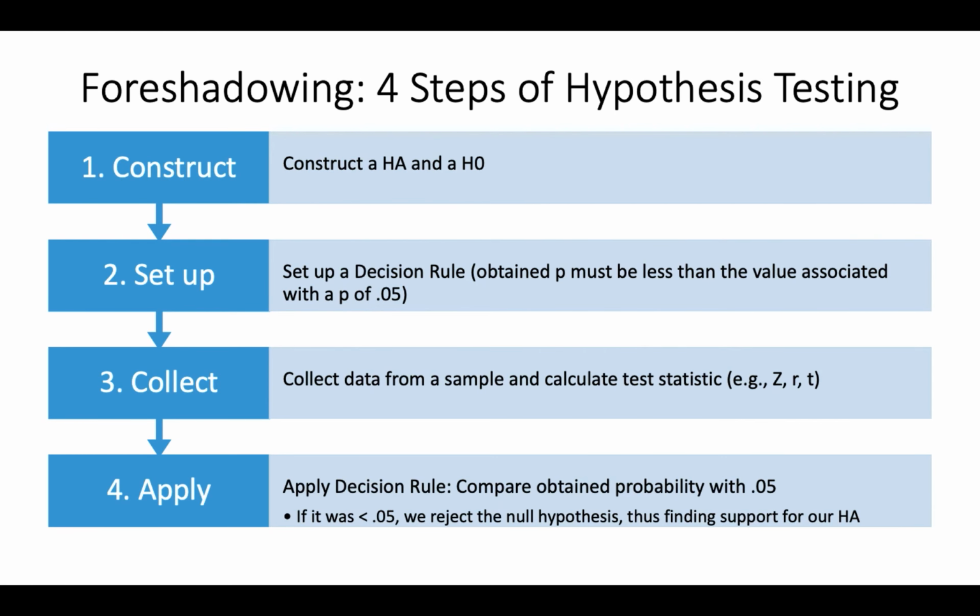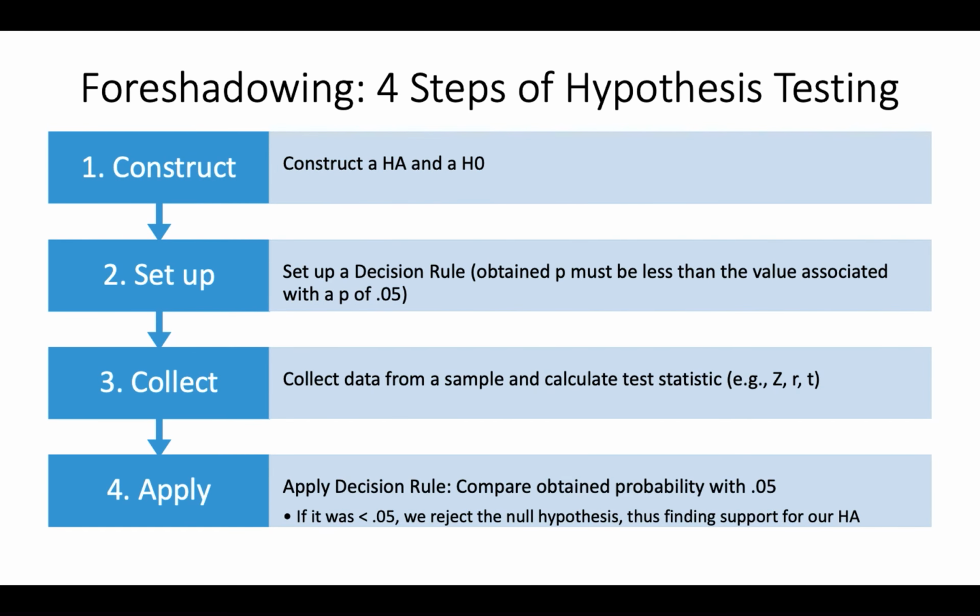We then collect our data from our sample and calculate our test statistic. Then we apply the decision rule that we set up in step 2. So we compare our obtained value with our critical value. And if it was less than 0.05, we reject the null hypothesis, thus finding support for our alternative hypothesis.